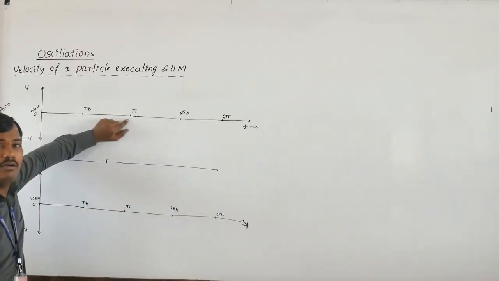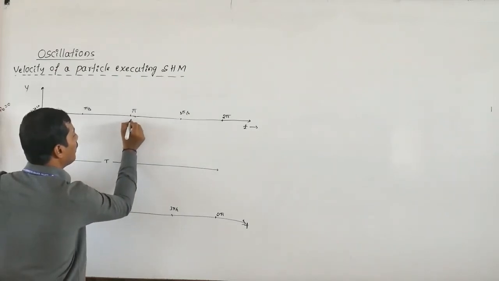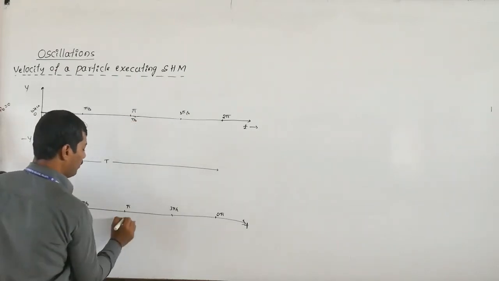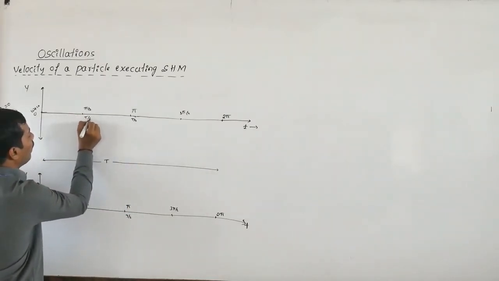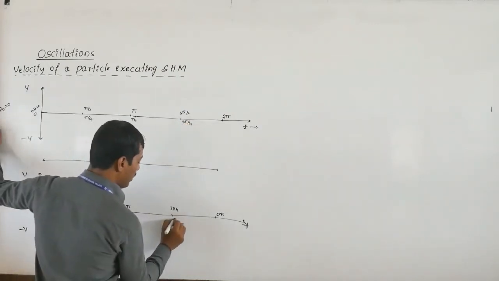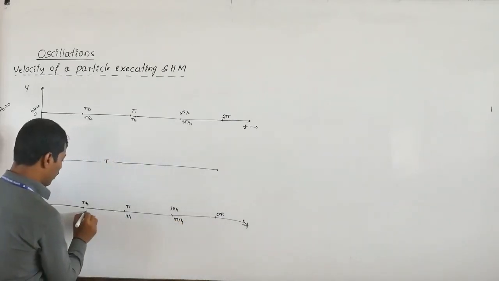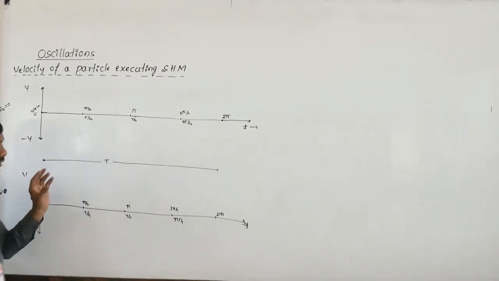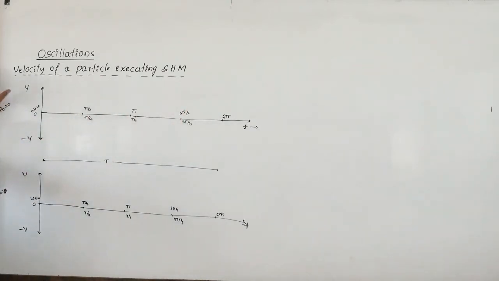The total time for half revolution or half period is T by 2. Here it becomes T by 2, here T by 2, and this becomes T by 4, then 3T by 4, and this 3T by 4. Here T by 4. Okay, I make here the 4 parts: 1, 2, 3, 4. We have to draw this diagram.